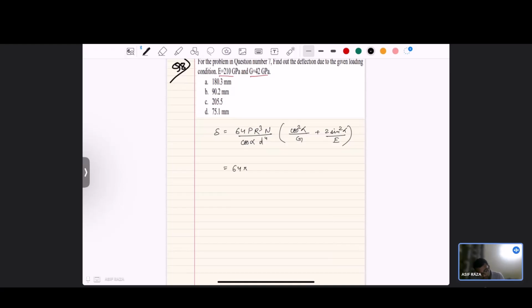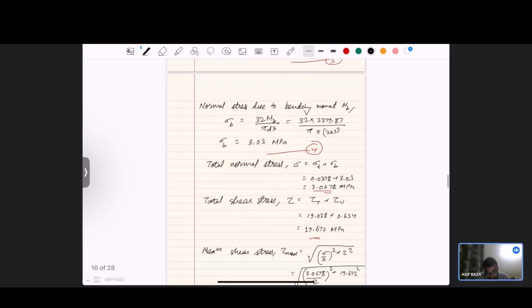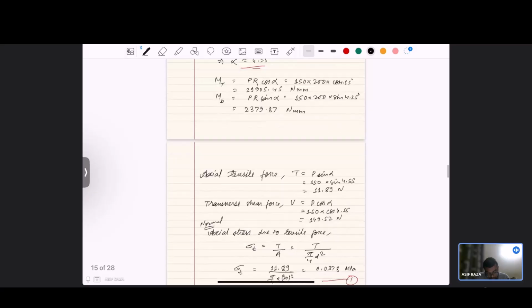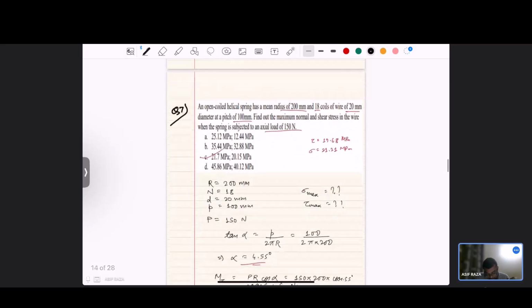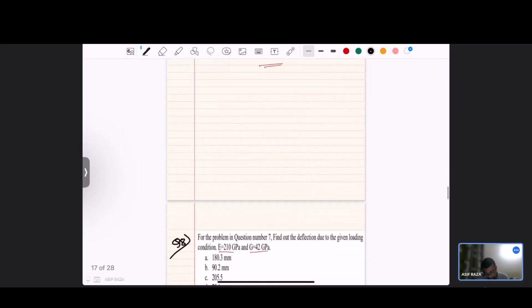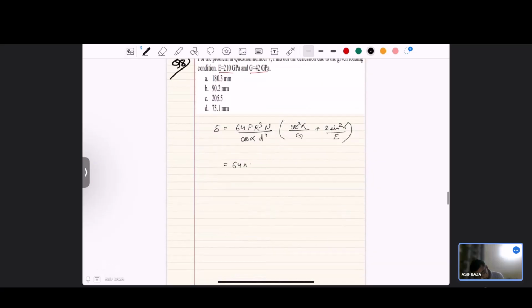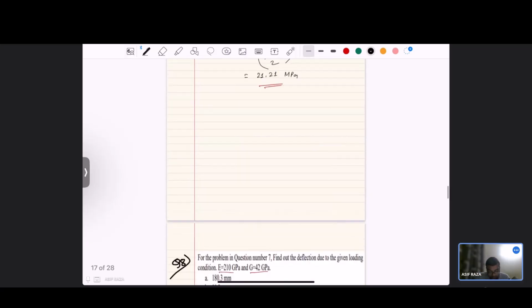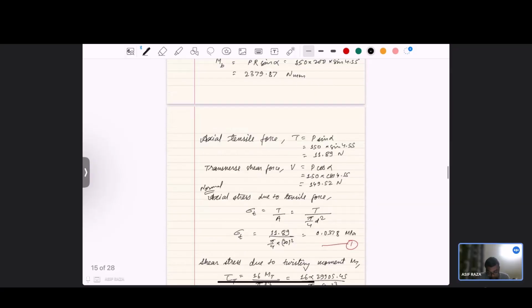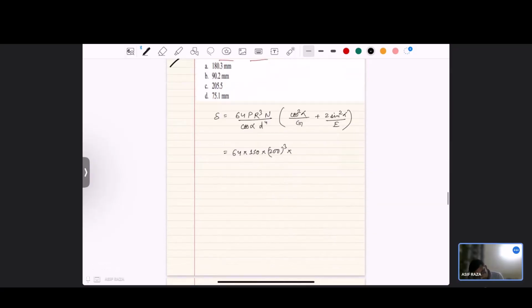Okay, let us substitute whatever has been provided earlier. 64, P was given as 150 Newton. R was 200 cube. Number of turns 18, upon cos of, we calculated it was 4.55 degree.